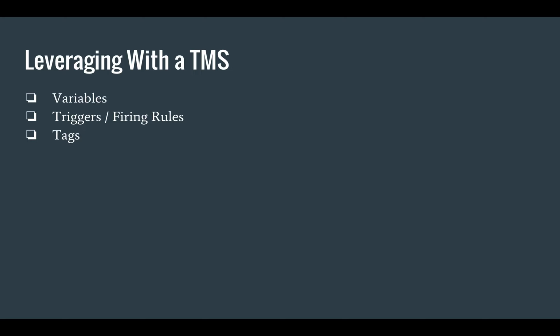You're also going to have your triggers, or firing rules, and then you're going to have your actual tags. For all these different pieces within a TMS, you're going to want to reference the data layer and populate them with the data available within it. I've covered why it's super important to have all that information there and make it available. Now it's just about leveraging it.